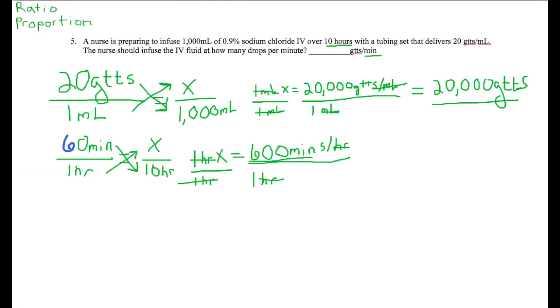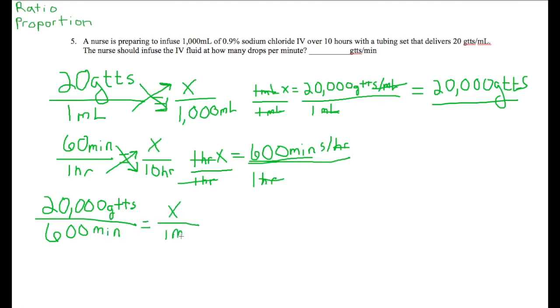So now we are in our final step. We are looking for drips per minute. So we know we have 20,000 drops over a total of 600 minutes. We know that that is equal to how many drops over 1 minute. So we cross multiply and we end up with 600 minutes X equals 20,000 drops per minute.